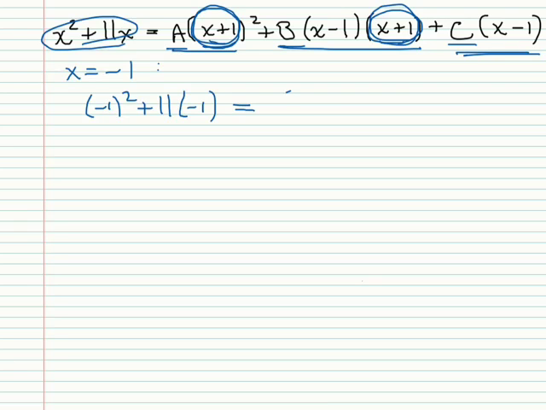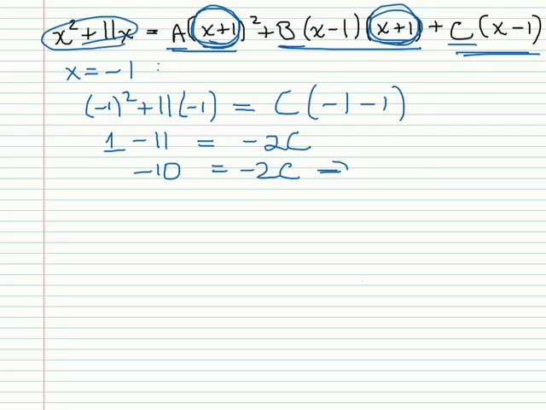So what's left over is c times minus 1 minus 1. So simplifying this, on the left-hand side, we have 1 minus 11. On the right-hand side, we've got minus 2c. So we get minus 10 equals minus 2c, so c equals 5. Okay, that lets us figure out what c is.